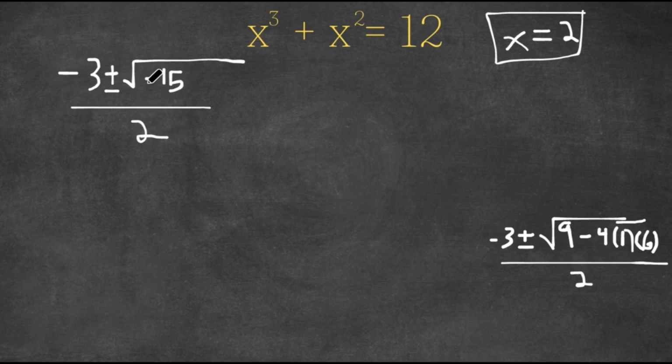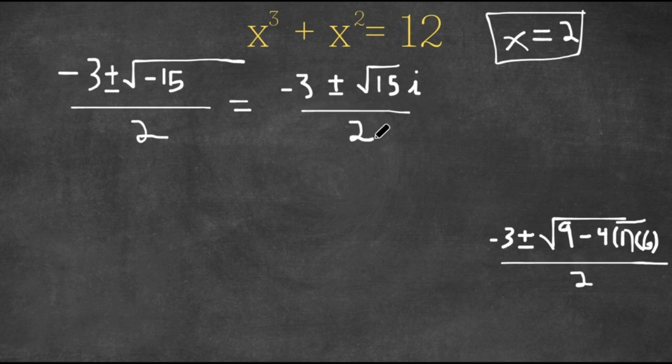Well, the square root of negative 15 is the same thing as the square root of 15 times i, because i is the square root of negative 1. And we still have this over 2.